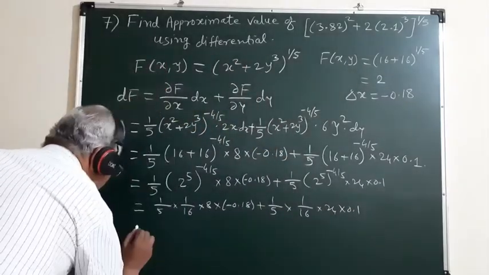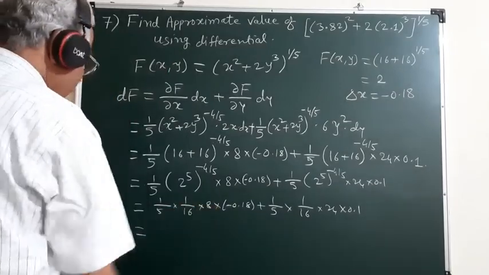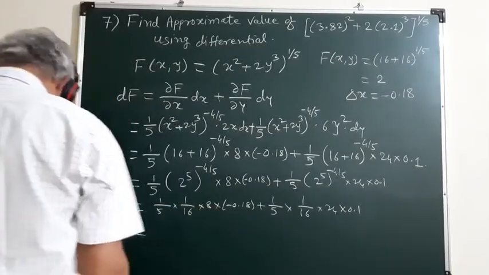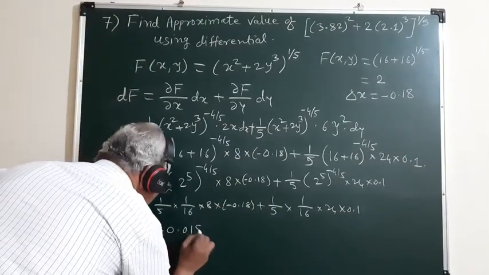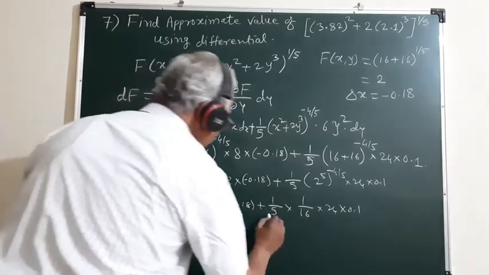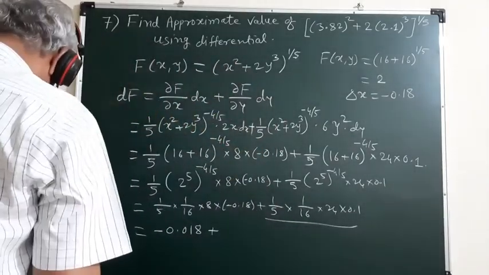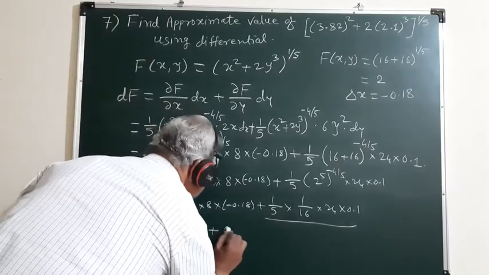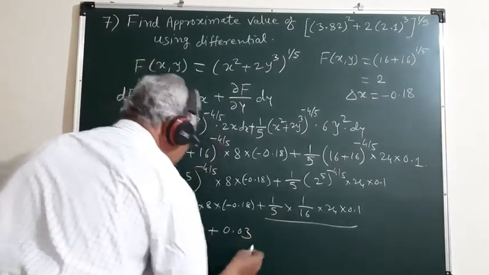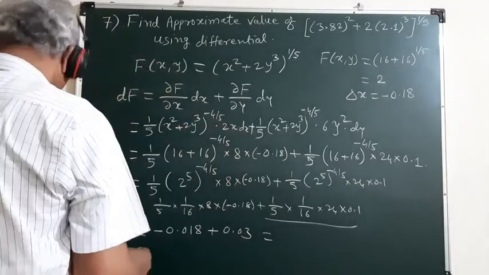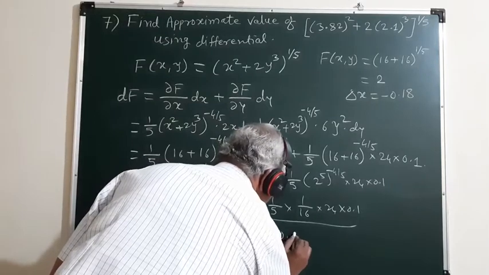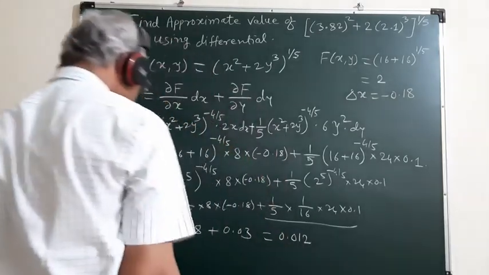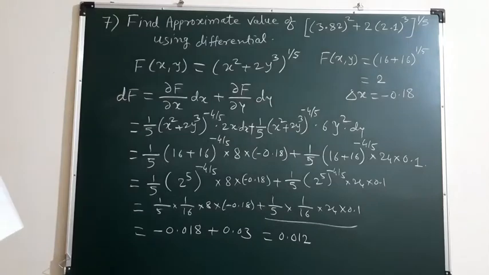So if we evaluate this factor, it works out to be minus 0.018, and if we evaluate this factor, it works out to be 0.03. So df works out to be equal to 0.012.